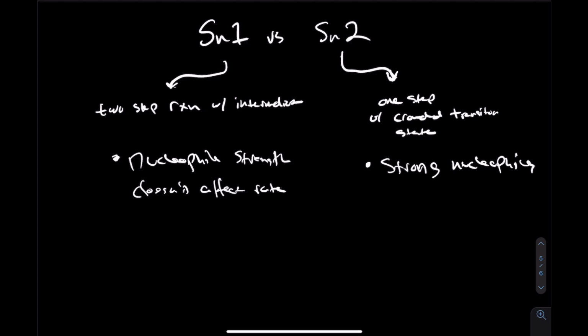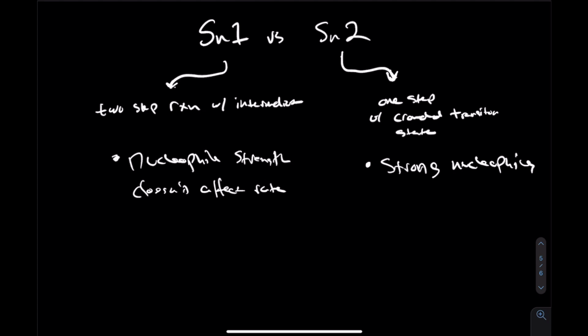Now, a big consideration on Sn1 and Sn2 are the substrates themselves. And there are two important considerations. The number of substituents on the carbon increases the stability of a carbocation forming, which of course would favor stable carbocations, favor Sn1 reactions. But as you decrease the number of substituents, the bulkiness and the size decrease, which favor that crowded transition state.